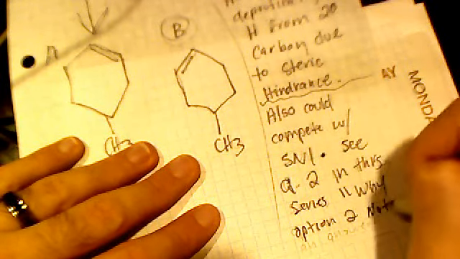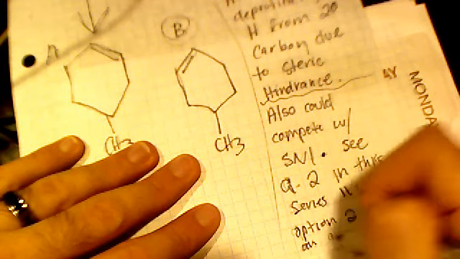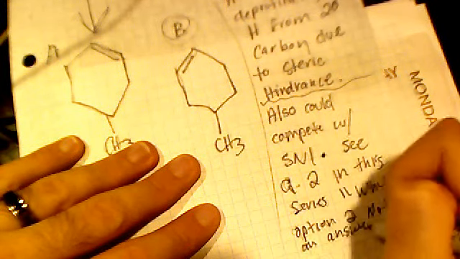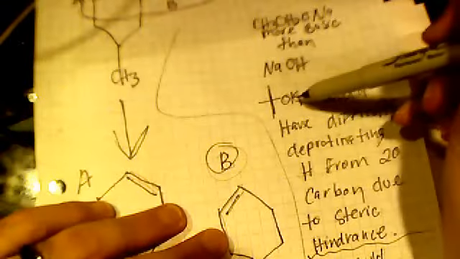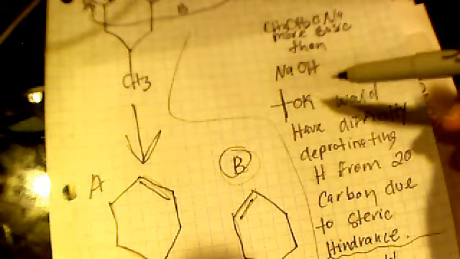Potassium terbutoxide, this bulky base, probably could remove one of these hydrogens, but it would be very slow.